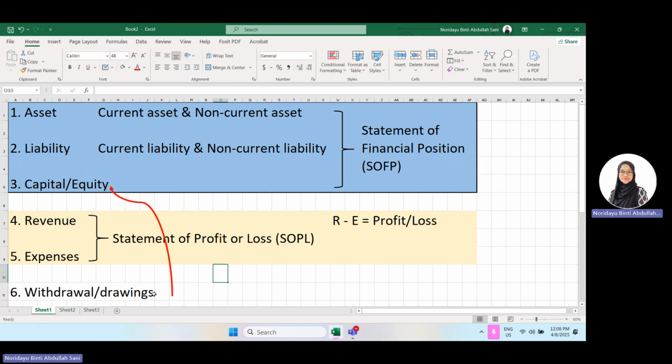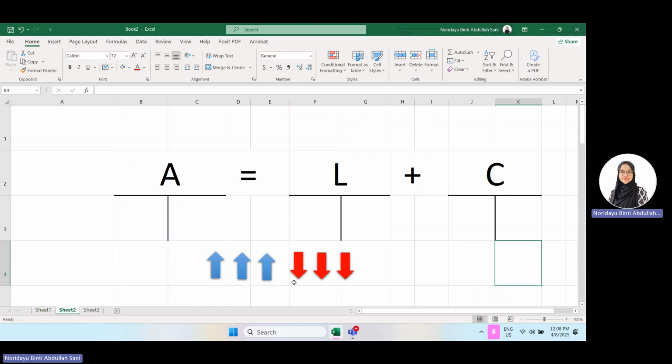The more cash you take, the lesser your capital, your equity will be. Remember, withdrawal means you take the cash or the asset of the business for your personal use. That is withdrawal or drawings. All right, that's the 6th type of account. Further, if you go to maybe a bigger company, they will treat this provision account. I think across the syllabus, we will see it somehow.